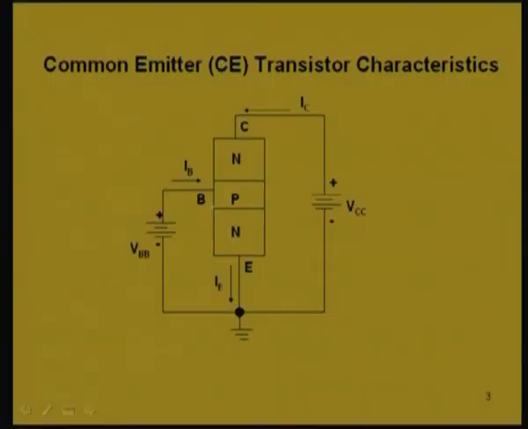Here the emitter is grounded and is common to the input circuit, which is between the base and the emitter, and the output circuit, which is between the collector and the emitter. If we consider an NPN transistor, the emitter base junction should be forward biased.